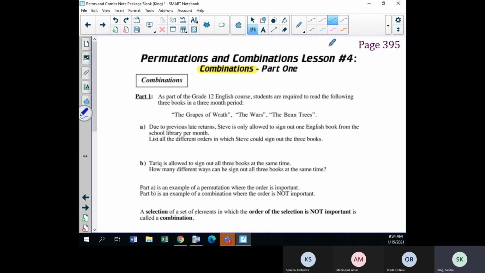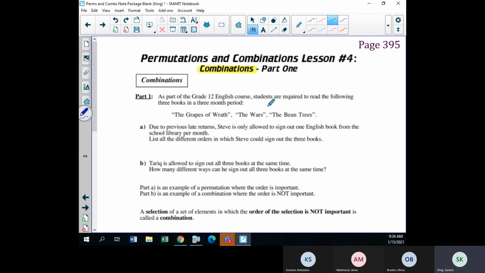Poker is a 5-card game. You draw 5 cards from a deck and hold them in your hand, and it's called a 5-card poker hand. It does not matter what order you hold those 5 cards in. Does everybody sort of agree? That's why cards are a combination: I give you 5 cards, and once they're in your hand, it doesn't matter what order they're in.